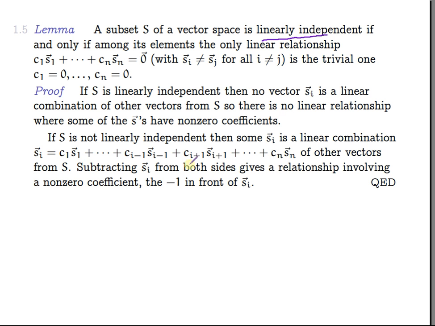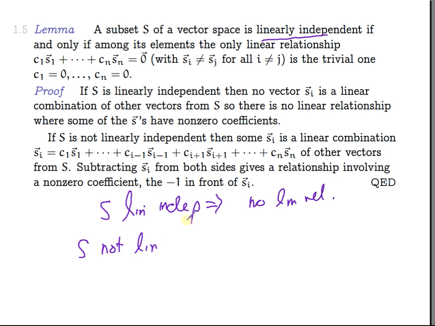We've shown that S is linearly independent implies no linear relation. And then we've shown S is not linearly independent implies there is a linear relation.